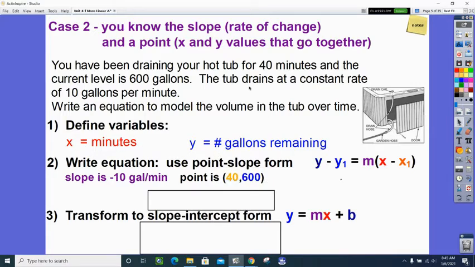Remember that x is minutes, so 40 minutes. Gallons is your y, so 600, there is your point. This is not the y-intercept, so we cannot go right into y equals mx plus b. We have to use the point slope form.